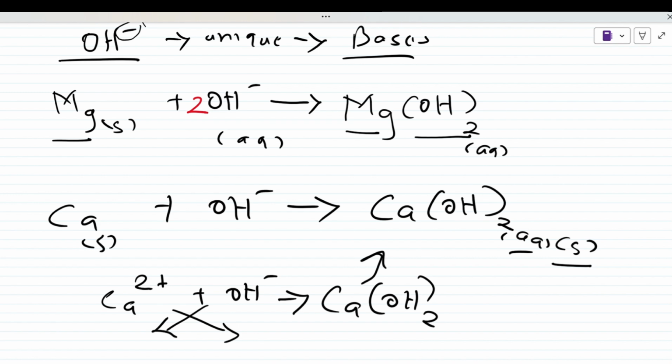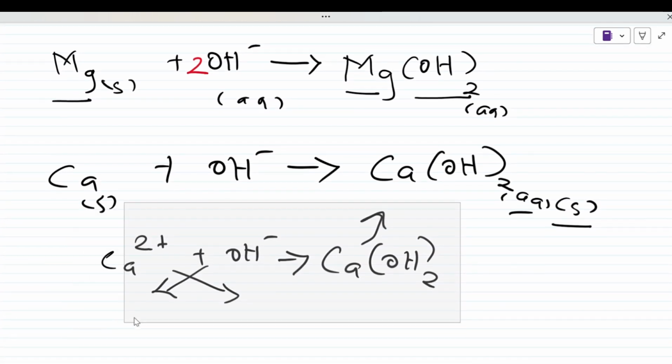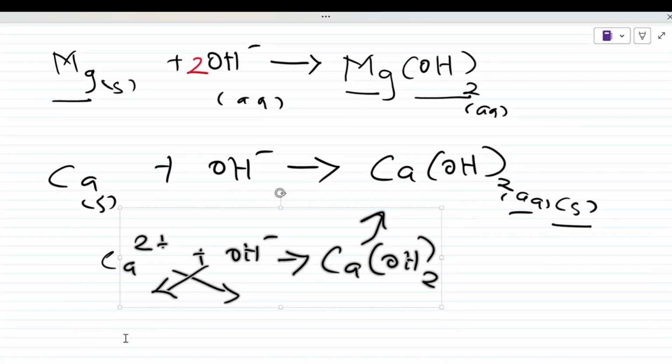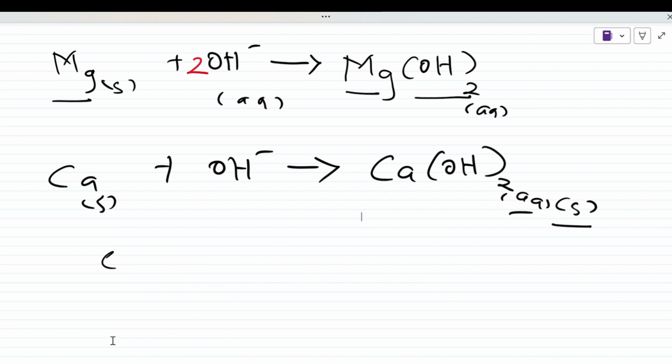So sometimes you can form aqueous or sometimes solid. You have to be very careful with the kind of your syllabus specifications when handling that. I don't want to go deep into it because I don't know the kind of syllabus specifications you're handling. So as a student, you really need to be careful with that.